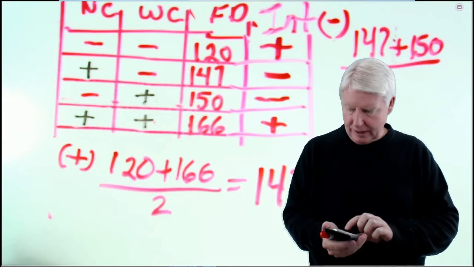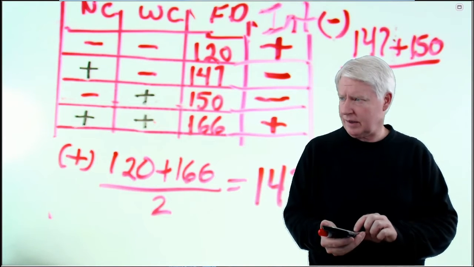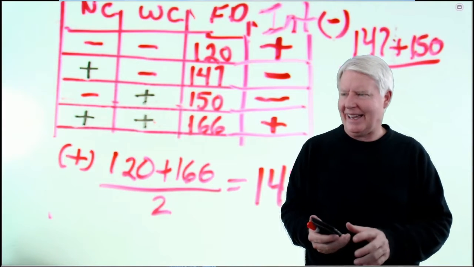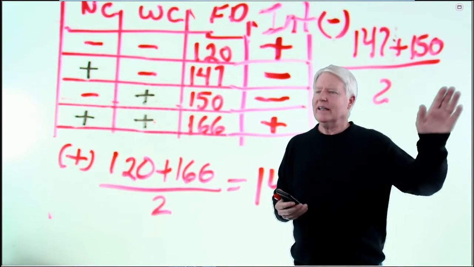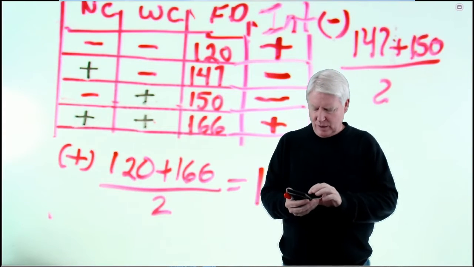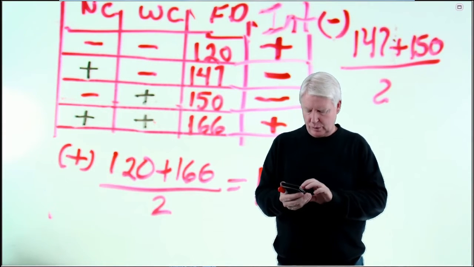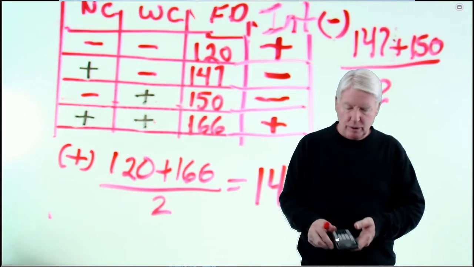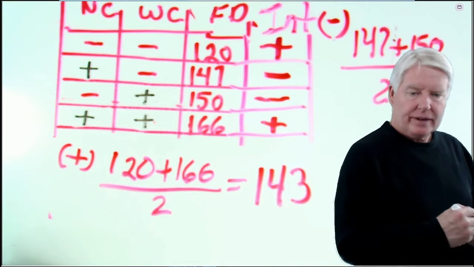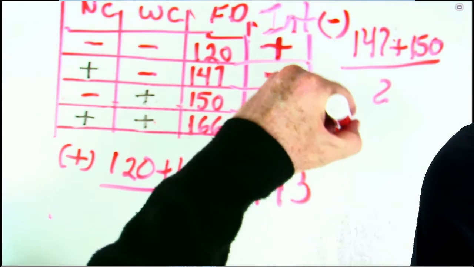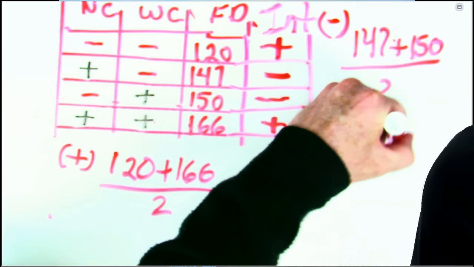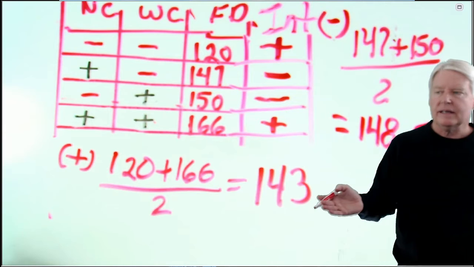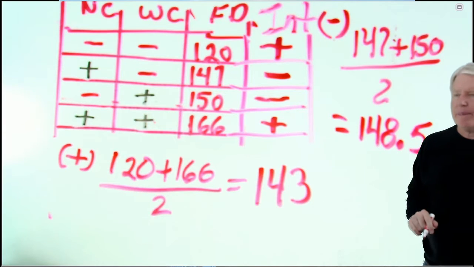Oh no, I knew I was doing something wrong there. Here it is, I'm working on this one. 147 plus 150 equals 297 divided by 2 gives me 148.5. And I'm running out of room, so I'm going to write it down here, equals 148.5. So again, the average when it was positive, the average when it was negative.